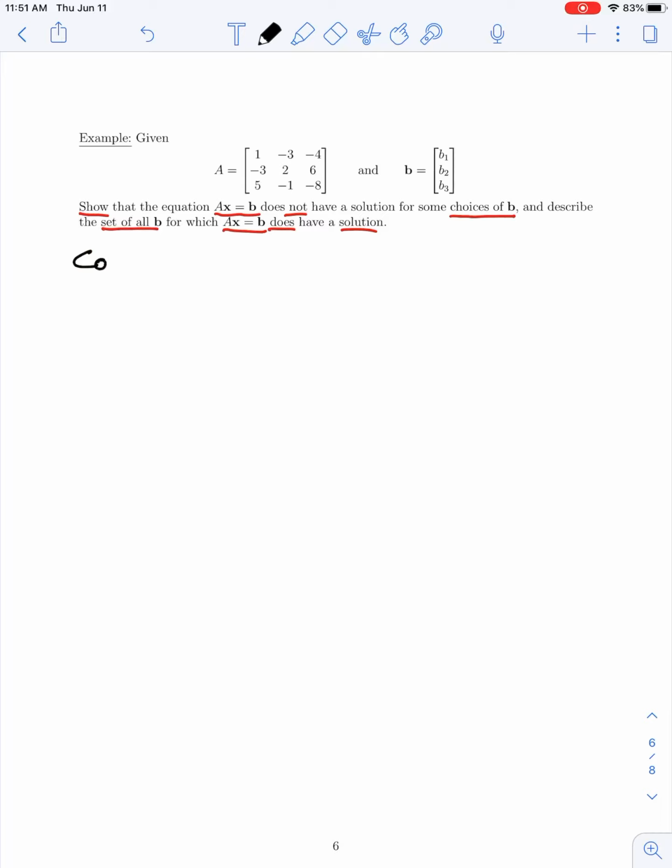All right, so let's see what we have here. In order to see whether our matrix equation has a solution, we would consider the system of linear equations corresponding to the augmented matrix A with B. So for that matrix, we have our first row is 1, -3, -4, B1.